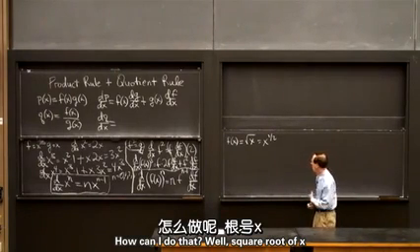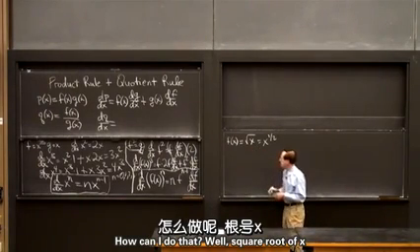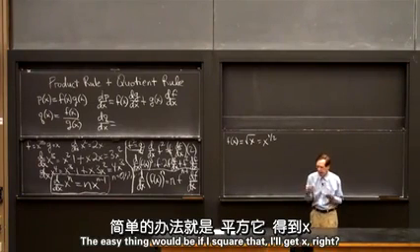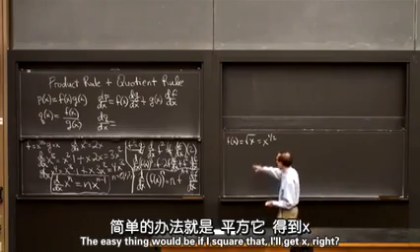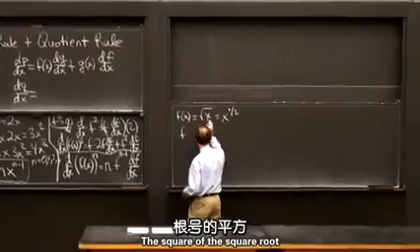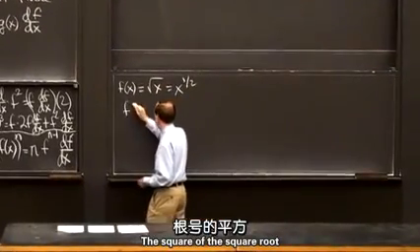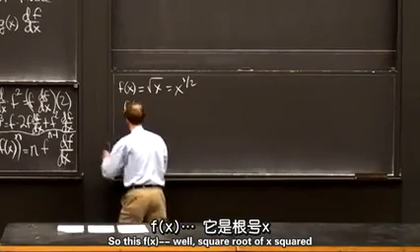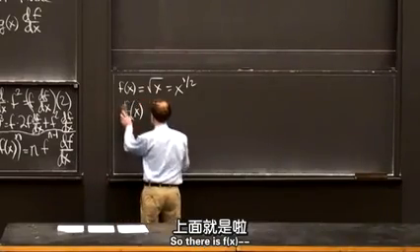Okay, well, square root of x is what I'm tackling. The easy thing would be if I square that, I'll get x, right? The square of the square root. So f of x, this f of x, well, square root of x squared. So there's f of x.